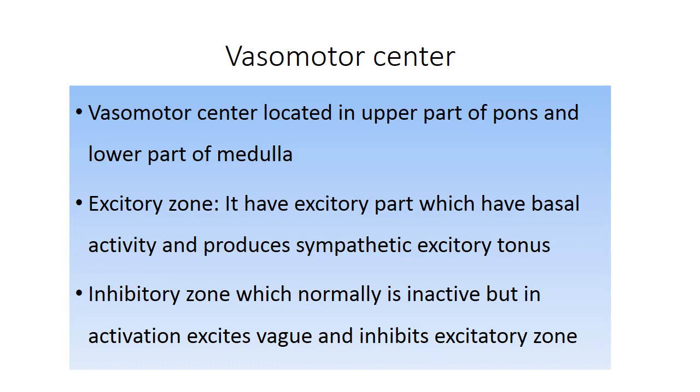So as we said, the vasomotor center has different parts: a vasoconstrictor part, a vasodilator part, and a sensory part that acts through the vagus and glossopharyngeal nerves. We discussed this in previous sessions.